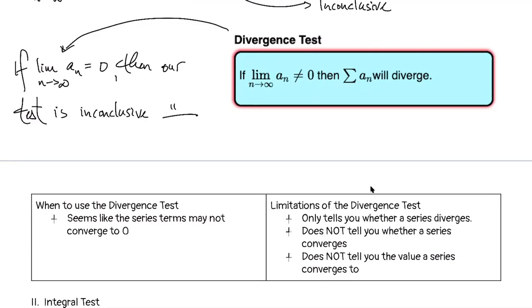The point is that you can use a multitude of tests as long as they fit certain constraints. Some might give you more information than others, so be comfortable knowing that you can use more than one test for most of the series that we see.